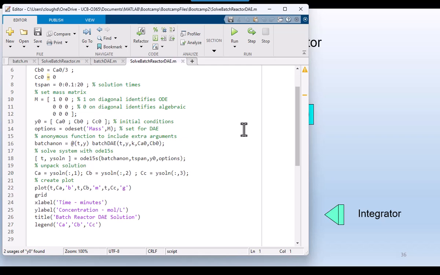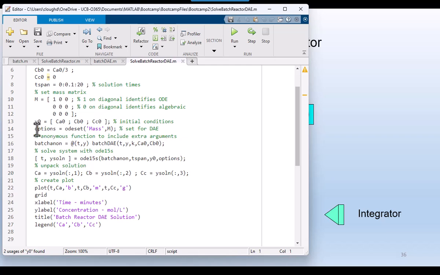And if we have a 0, it indicates that that equation is algebraic. So you'll recall back over in the batch DAE routine that our first equation was differential, second and third were algebraic. So this is how we set up the signal for that. And then we create initial values for each one of these, all right?